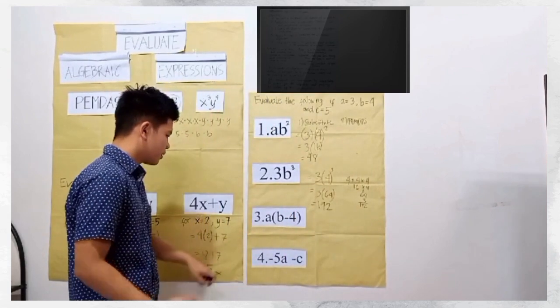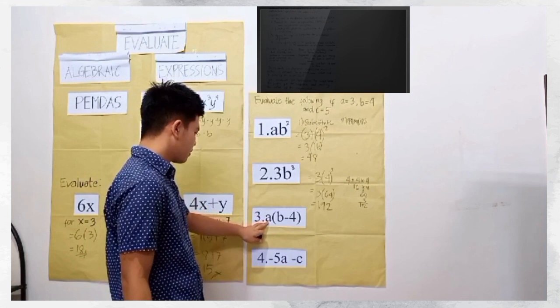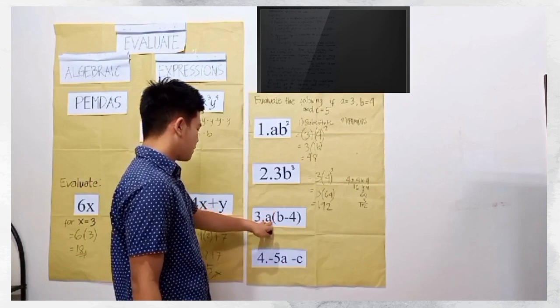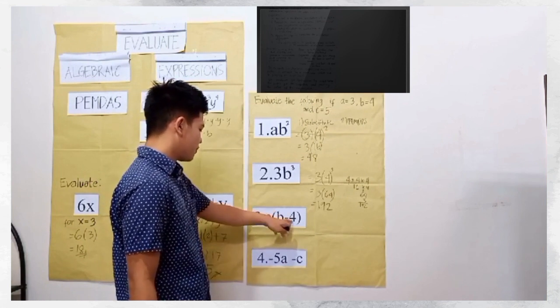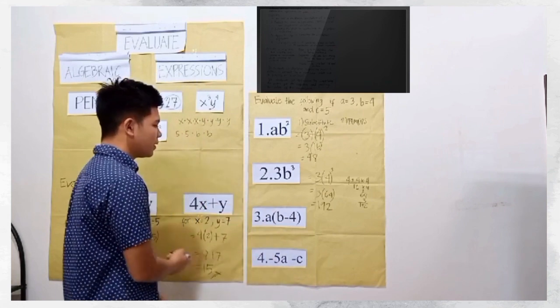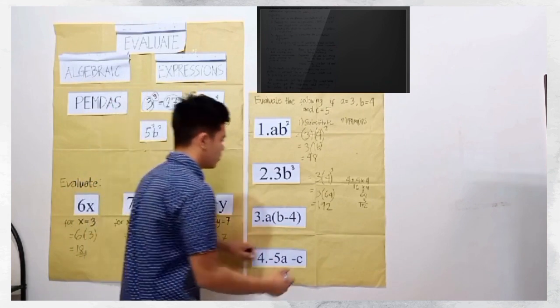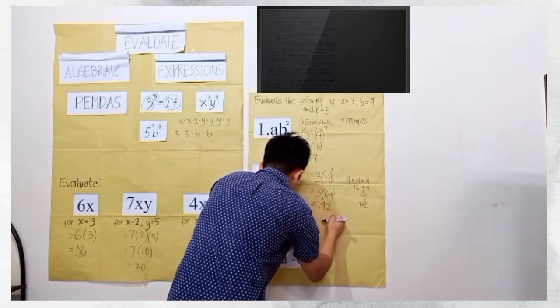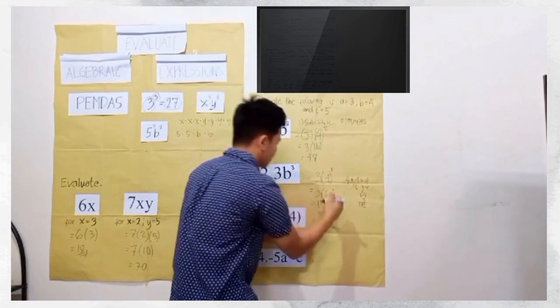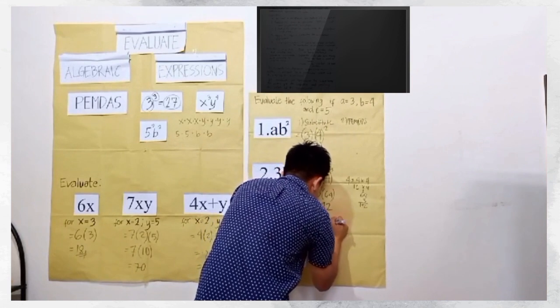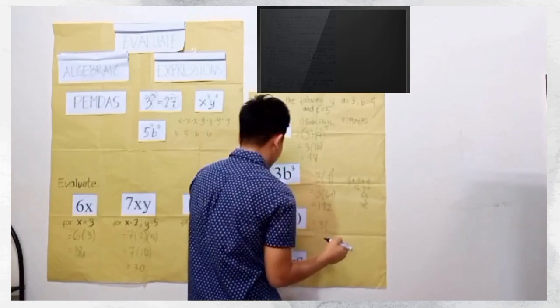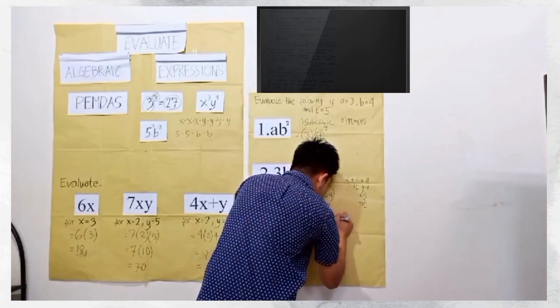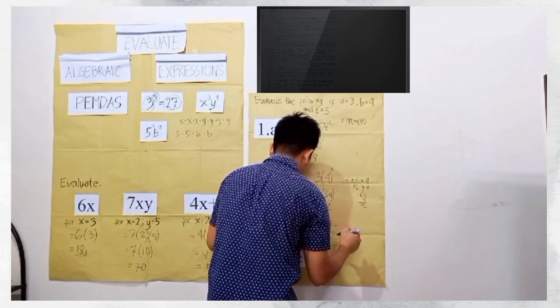Next example. So A times the quantity B minus 4. We'll just substitute. A is equal to 3, open parenthesis, B, which is 4, minus 4.